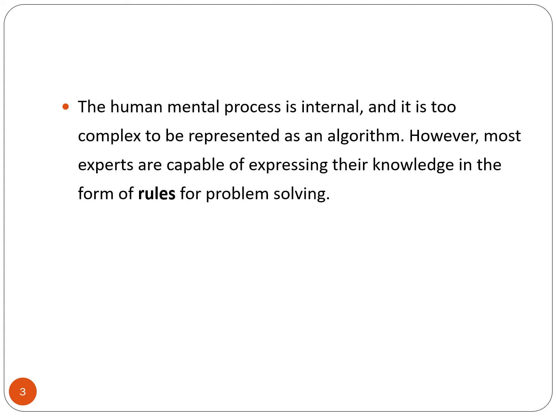So the human mental process is internal, and it is too complex to represent as an algorithm. Even a piece of the brain cannot be replicated into an algorithm or a machine. However, most experts are capable of expressing their knowledge in the form of rules for problem solving.